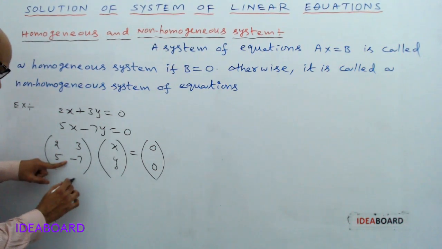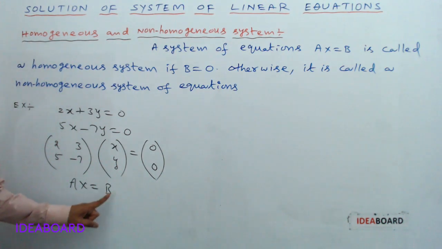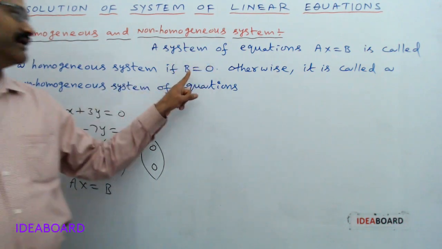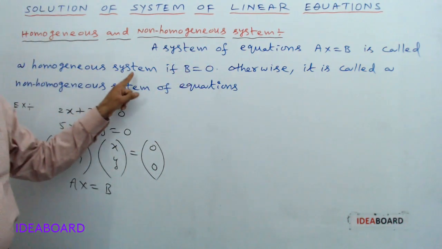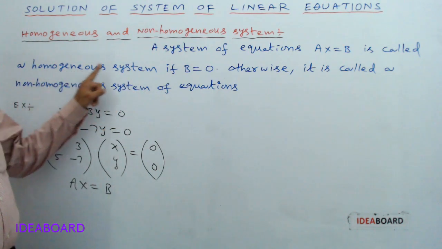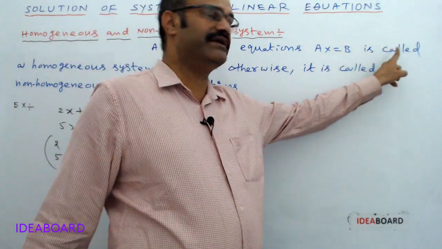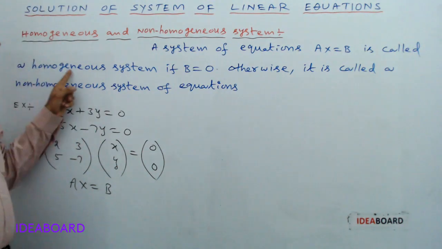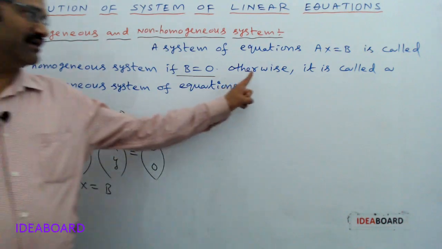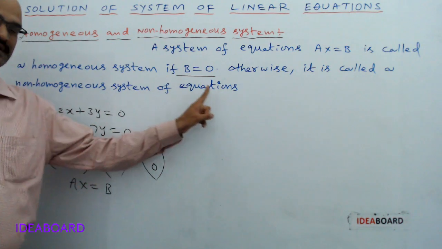Take the first matrix as A, the second as X, and the right side as B. Whenever B is a null matrix, the system of equations is said to be a homogeneous system. So a system of equations AX equal to B is called a homogeneous system if B equals the null matrix. Otherwise, it is called a non-homogeneous system of equations.